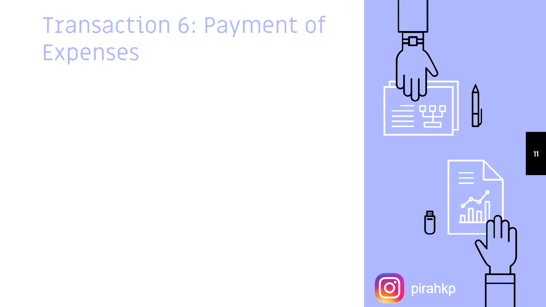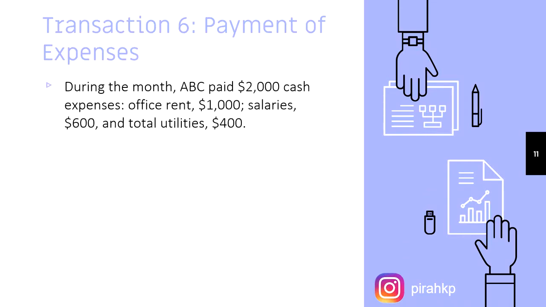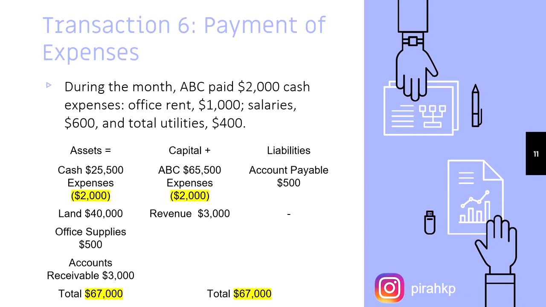Alright, transaction 6, payment of expenses. During the month, ABC paid $2,000 cash expenses. Office rent $1,000, salaries $600, and total utilities $400. So in this situation, I have written just expenses and subtracted that. However, do not do that. It's a wrong practice.